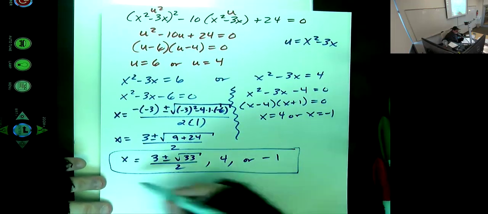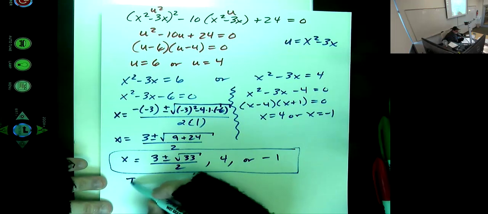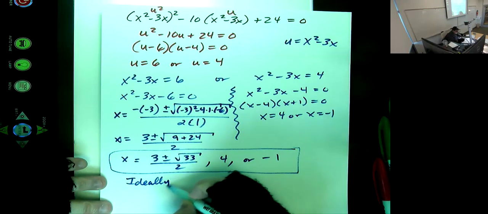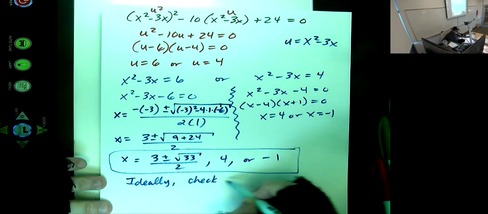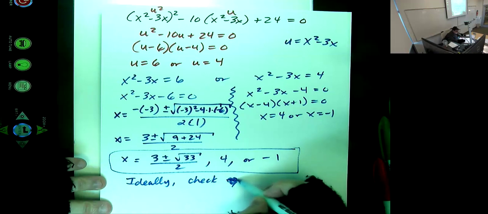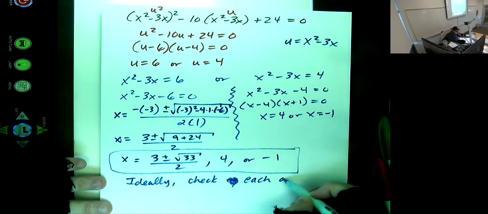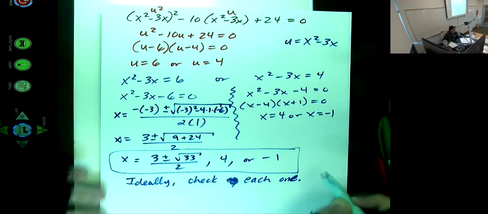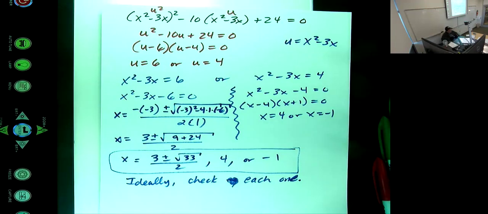And ideally, you want to check each one. Not only because some of them might not work, but it also makes sure you didn't mess up along the way. Right?